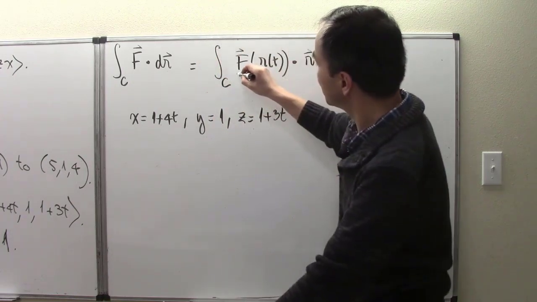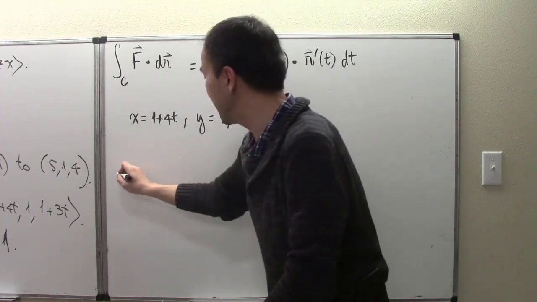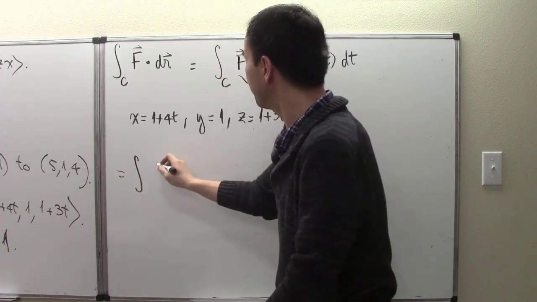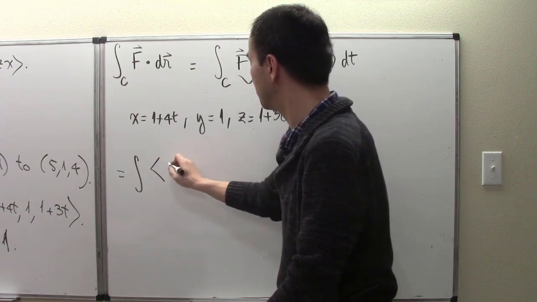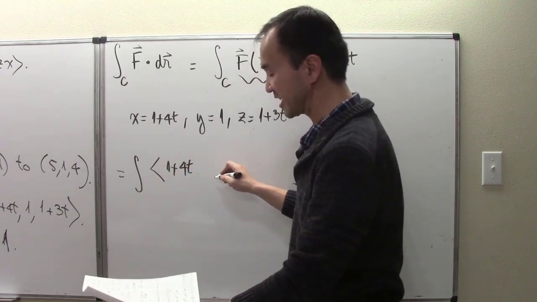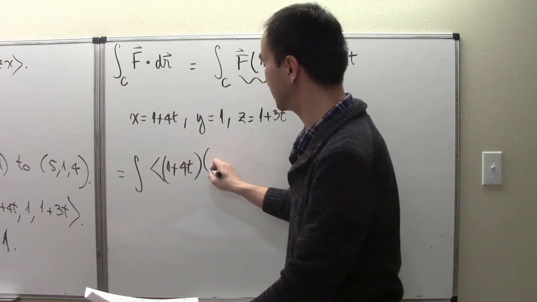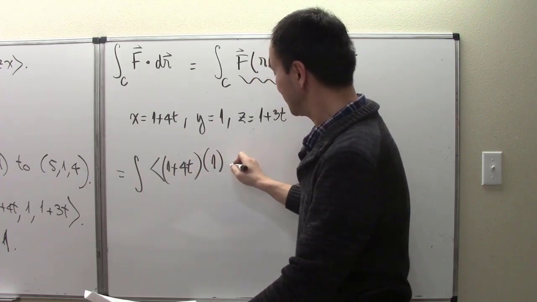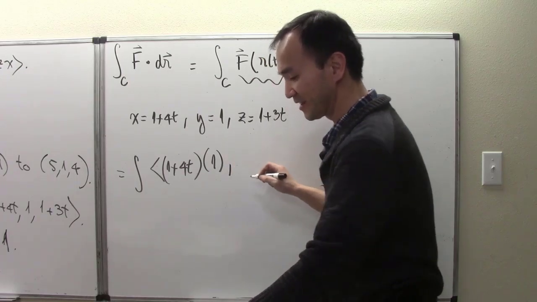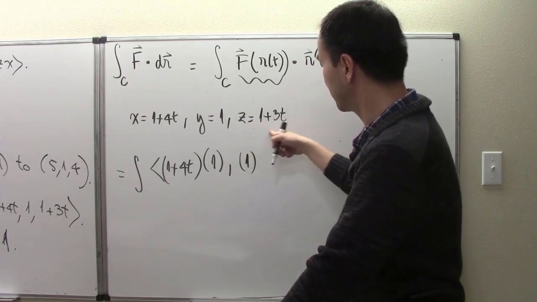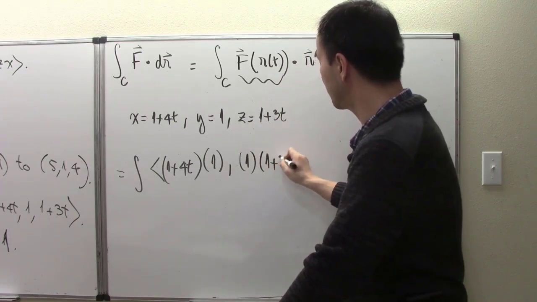So this part of your integral becomes the integral, and F is now going to be the vector. 1 plus 4t times 1, because it's xy. Comma, and then I have yz, so 1 times the z component, 1 times 1 plus 3t.